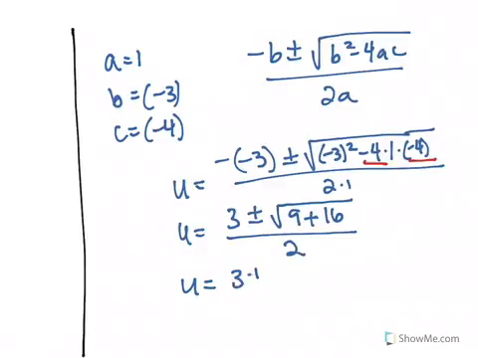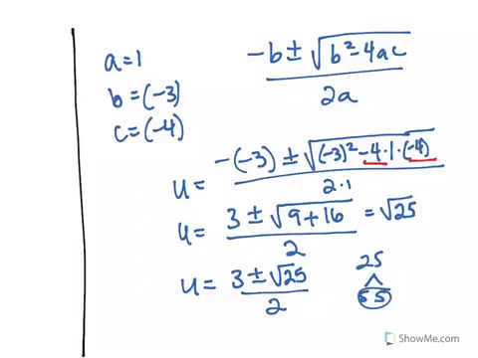U equals 3 plus or minus the square root of 9 plus 16, which is the square root of 25, a nice value because the square root of 25 factors beautifully to 5. So we get u equals 3 plus or minus 5 divided by 2.